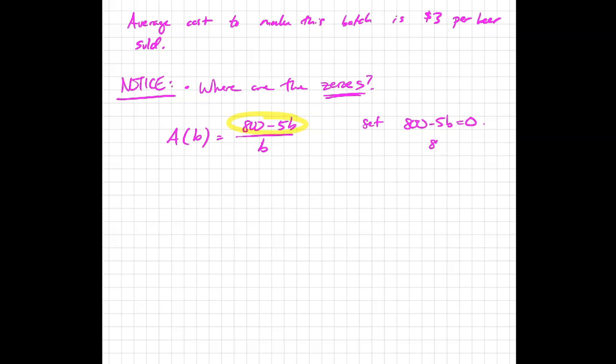And so what we'll get is 800 equals 5b, so b equals 800 over 5, which is 160. Okay, so what does this mean?